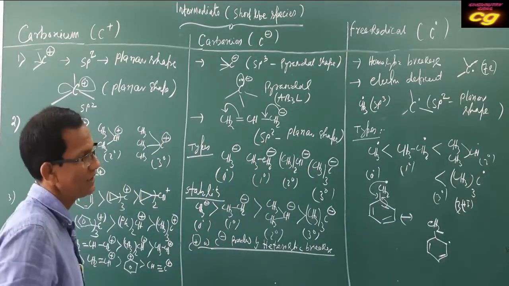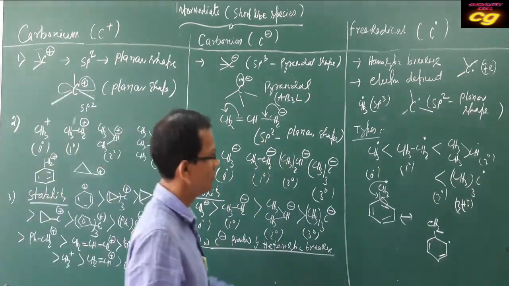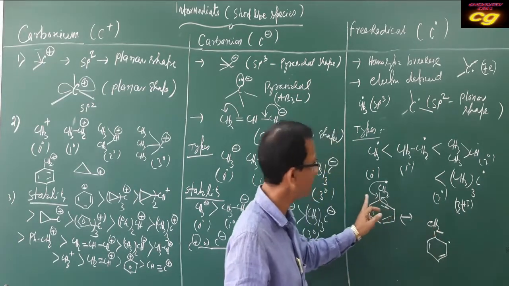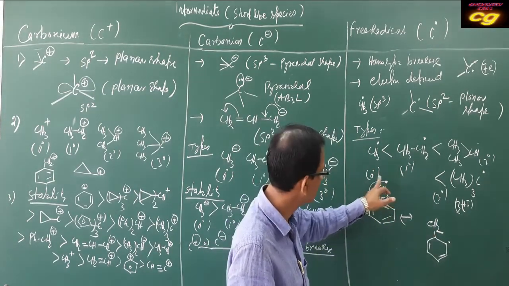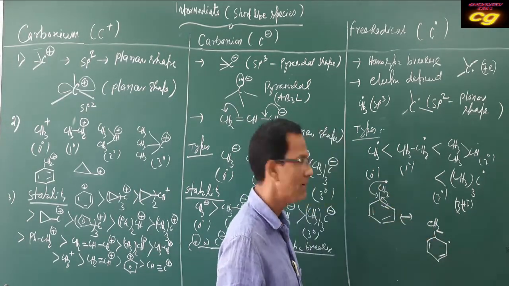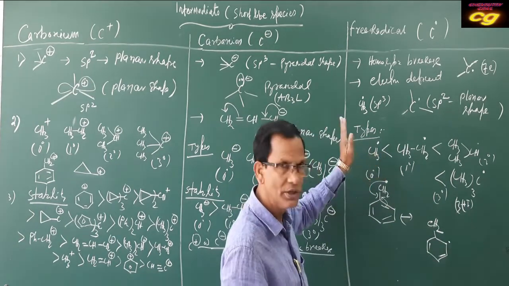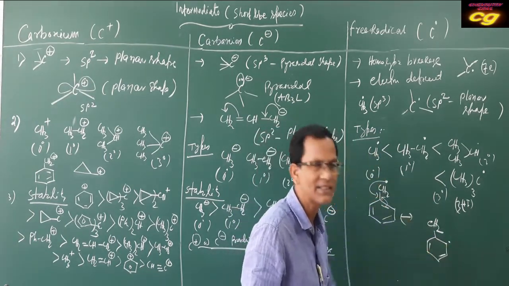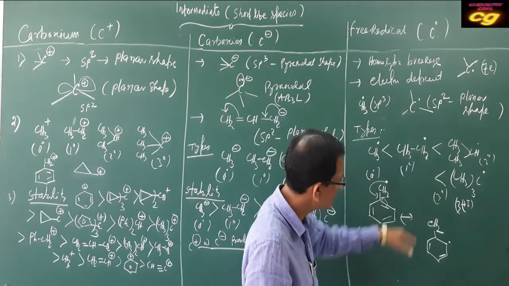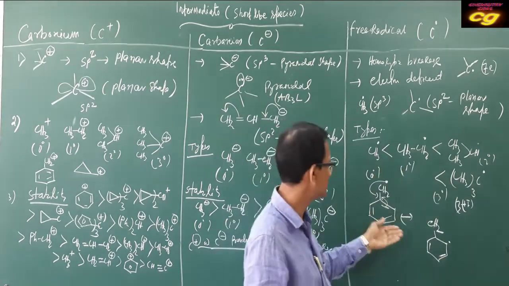So it is stabilized by which effect? It is stabilized by resonance. So this free radical disperses the unpaired electron from this carbon to the next carbon. So inside the ring it will be delocalized. That's why stability is more.